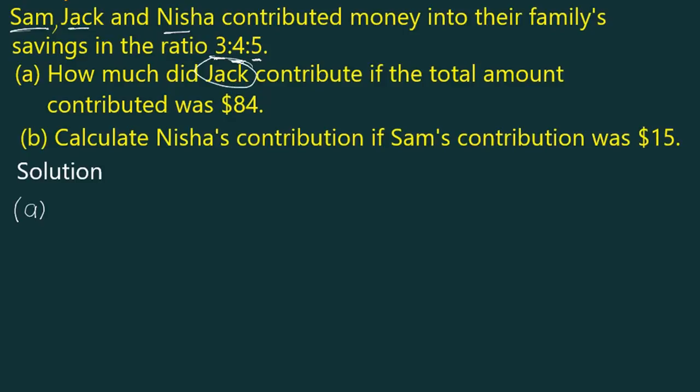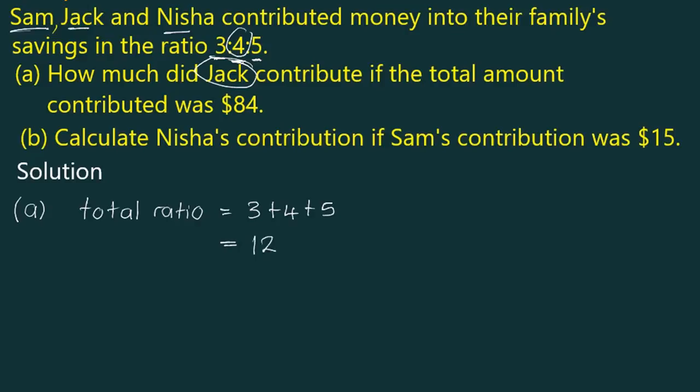Since he is in the middle, Jack is contributing 4 parts. So the first thing is to calculate the total ratio, and in our case that's 3 plus 4 plus 5, and what we get is 12.